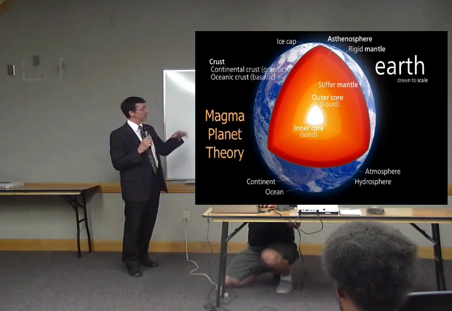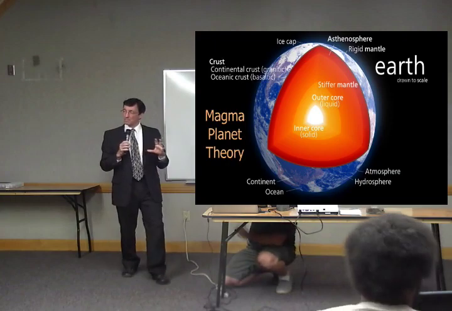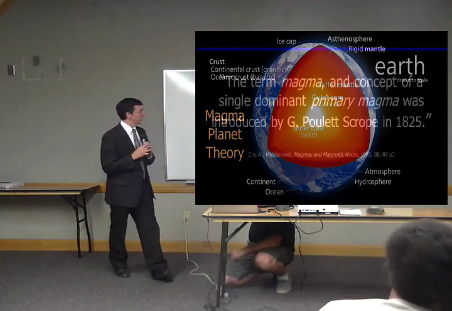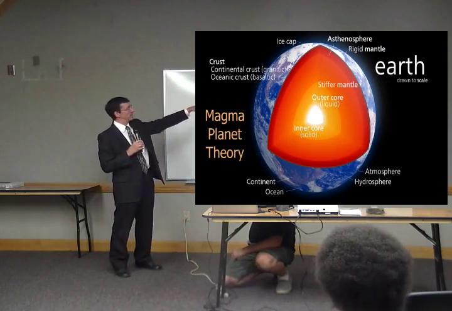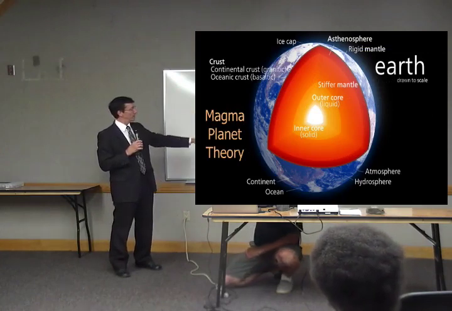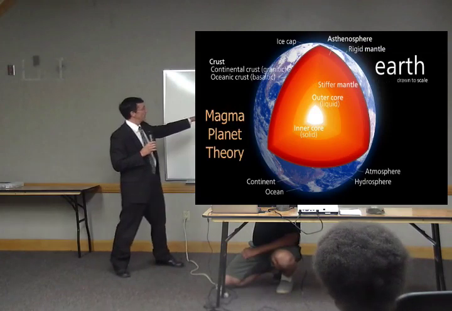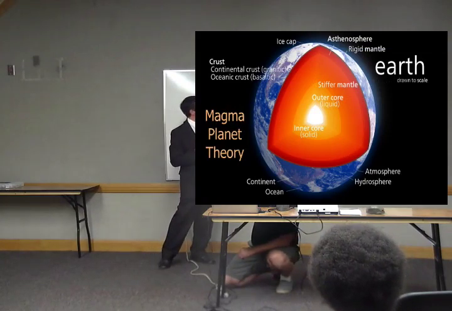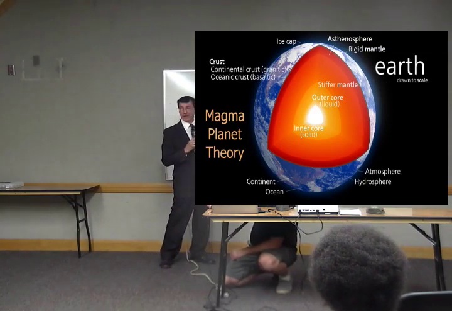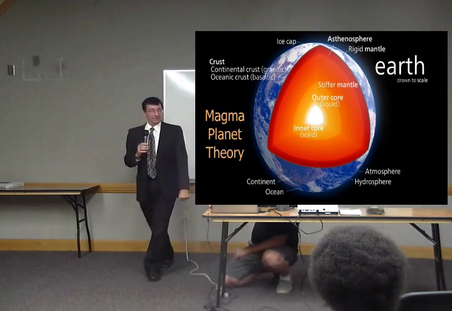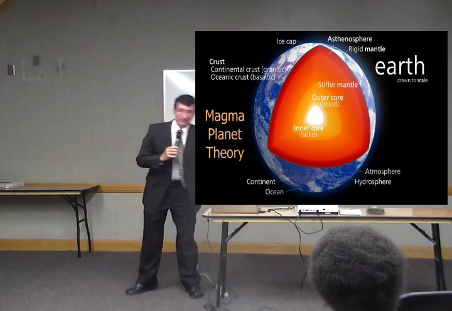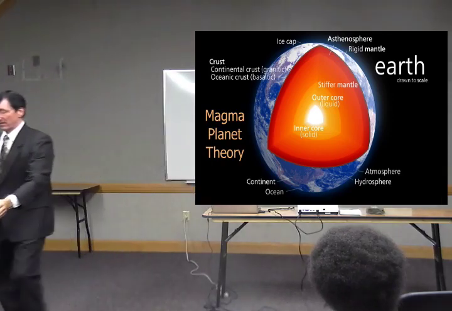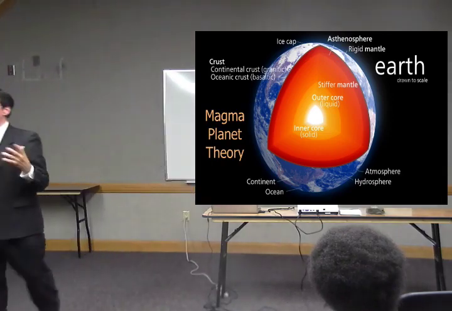And then the mantle is a stiffer mantle. There's some magma in there, but it's starting to cool. And then there's the rigid mantle in the asthenosphere. The continental crust is made up of granite, and the oceanic crust is made up of basalt. So I'll also pass around some basalt so you can see that too. We passed around some of the granite. It's a lighter color.